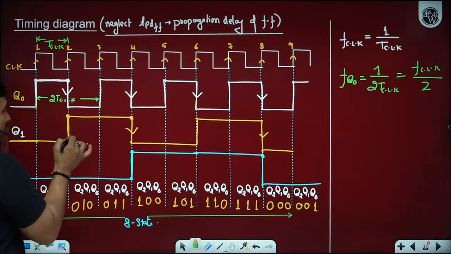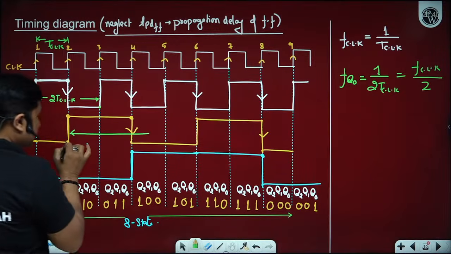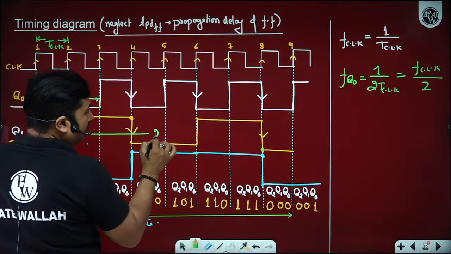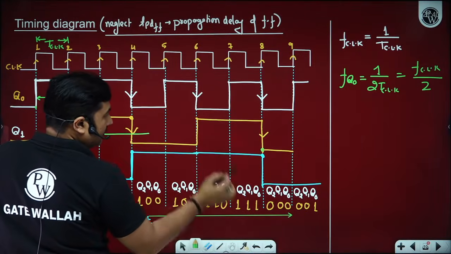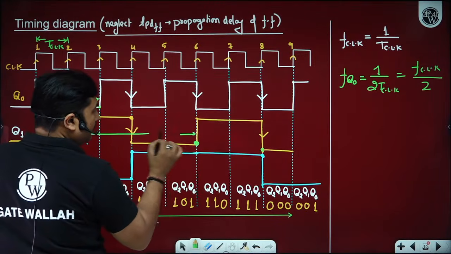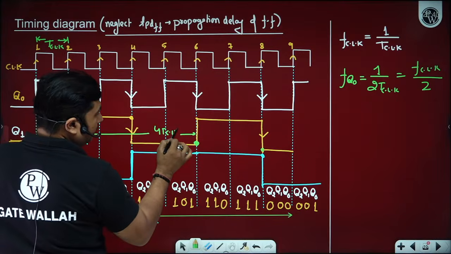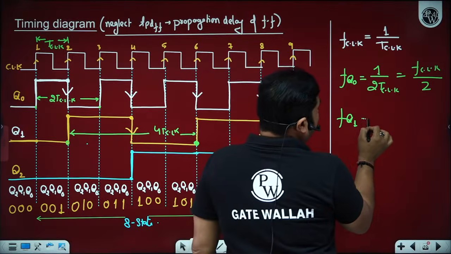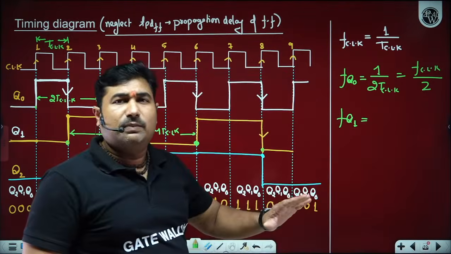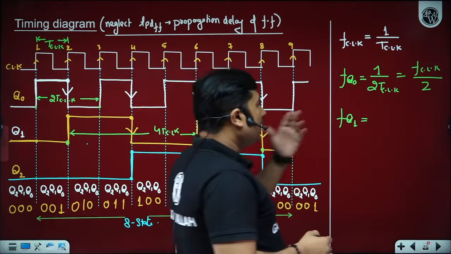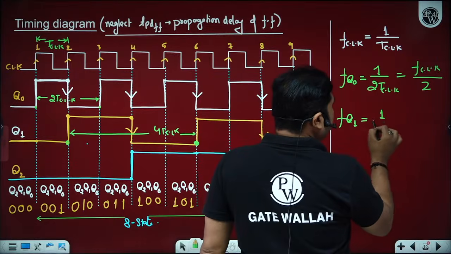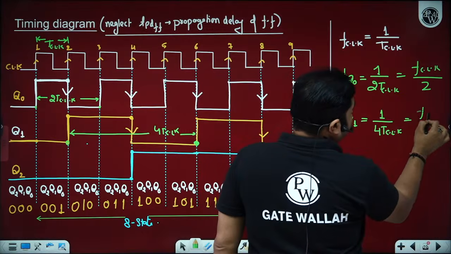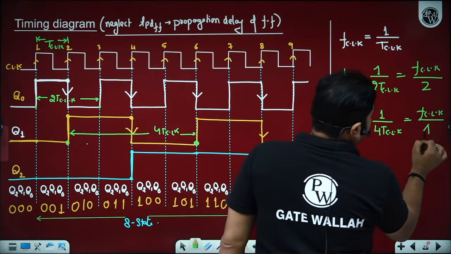If you observe Q1, from the same point the total number of clock pulses is 4 TCLK. That indicates that the output Q1 frequency, Q1 or Q1 complement, both have the same frequency: 1 upon 4 TCLK, which is FCLK by 4.